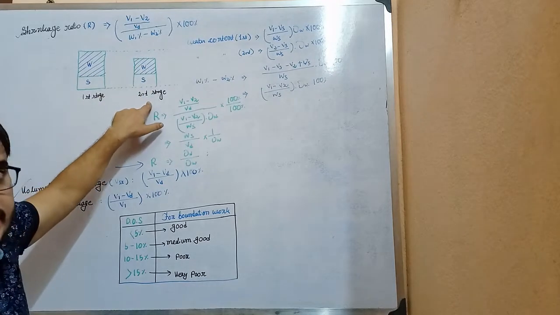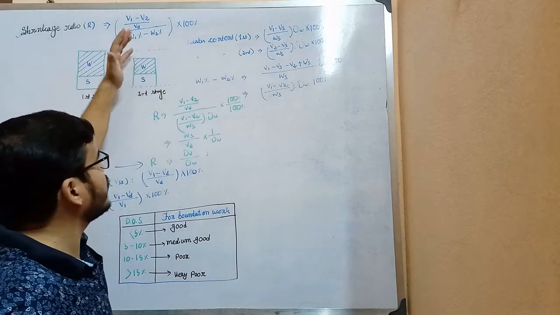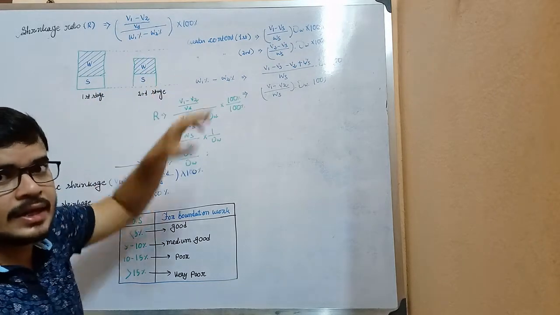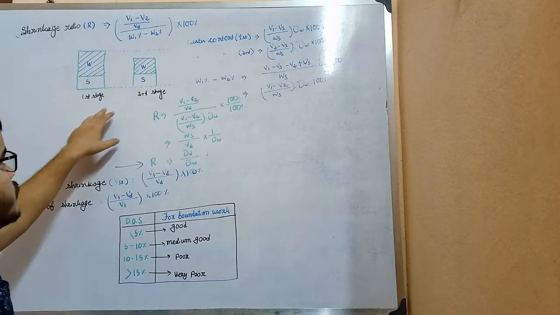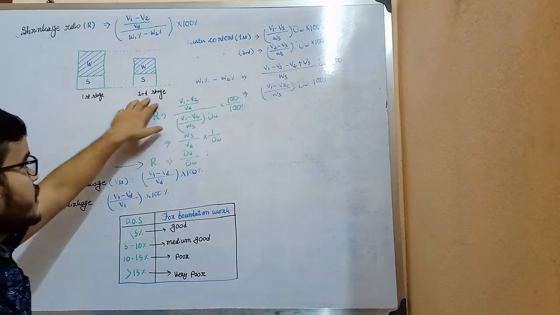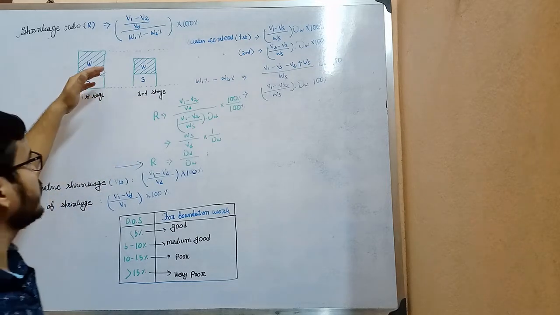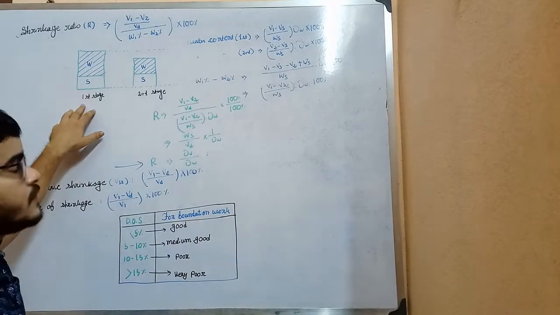But this is not a shrinkage stage. If you remove some amount of water from here, air may not occupy the space. So you can't tell that this is a shrinkage stage. This is the second stage, where you have removed some amount of water from the first stage.